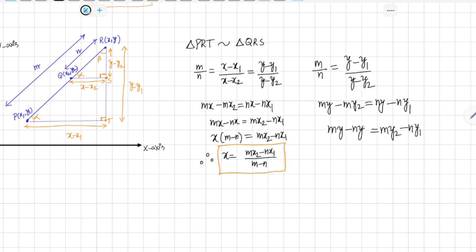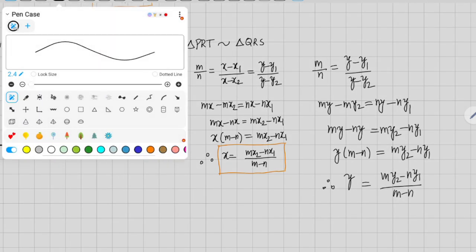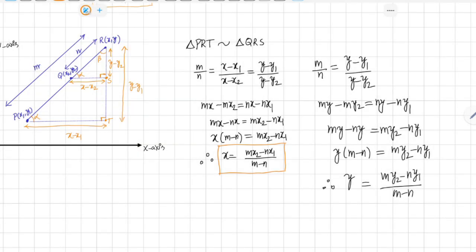Now you will have y into (m minus n) is equal to my2 minus ny1. Therefore y is equal to (my2 minus ny1) by (m minus n). So this is the formula which is helpful for us to find the y coordinate of a point which divides the given line segment in the ratio m is to n externally.